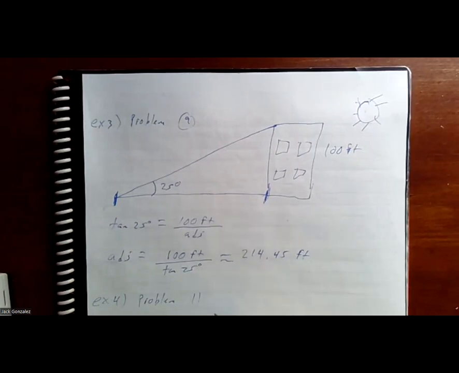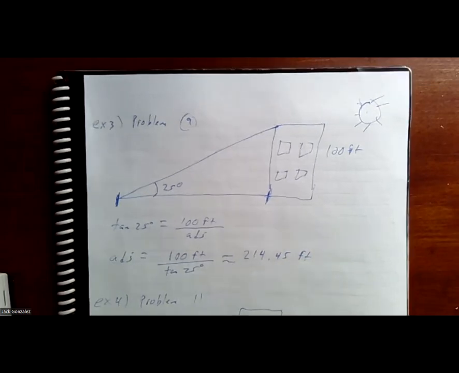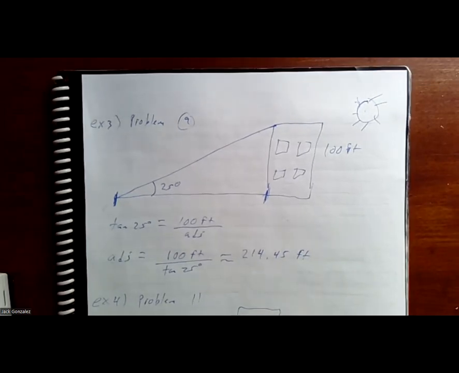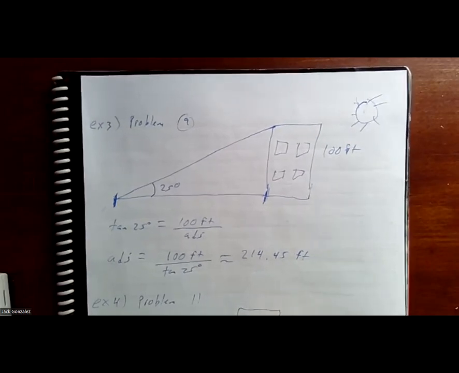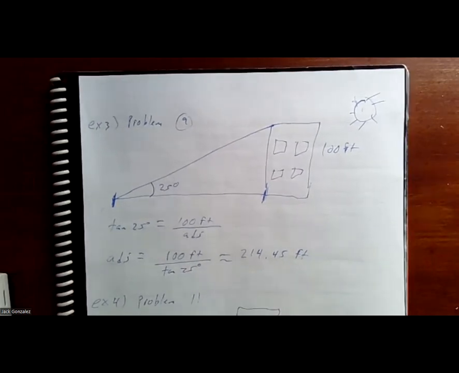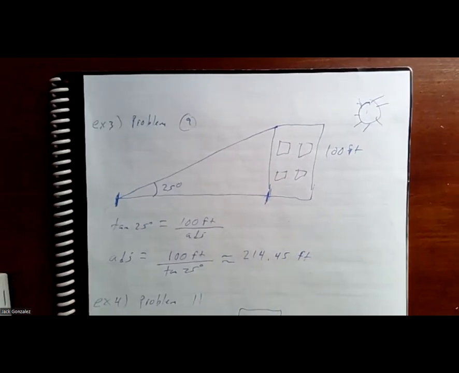So I'm picturing some house over here. The ladder is leaning, something like that. Make it a little bigger, I guess. So here's my ladder. The ladder is 10 feet long, so that means that this side is 10 feet.